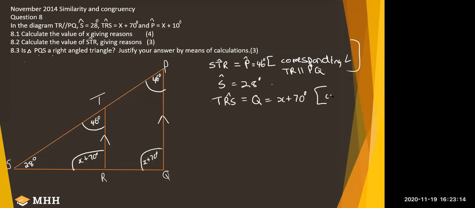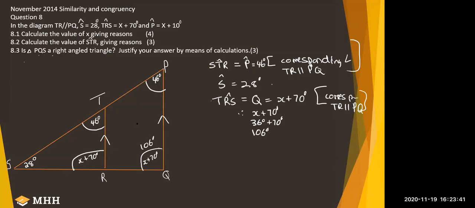And the reason again, corresponding, right? Because TR is parallel to PQ. So just be very thorough with what you are saying. So therefore, X plus 70 is going to be equal to 36 plus 70. And that's going to be 106 degrees, sharp.